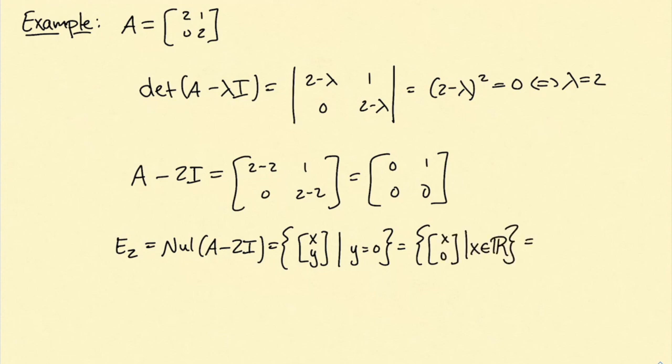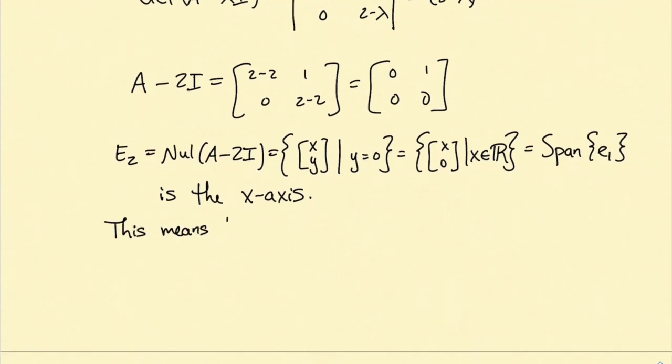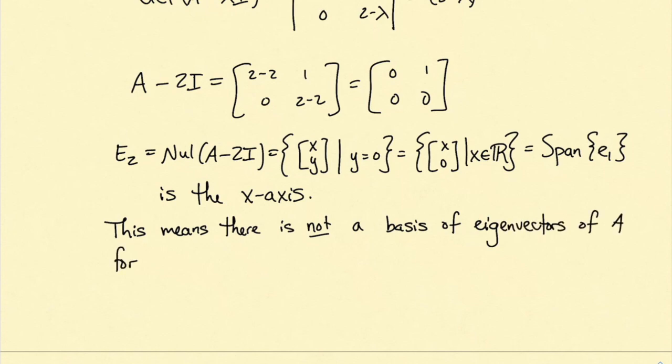We can write this as the span of the vector e1 and simply recognize this as the x-axis. So we do not, in this particular case, get a basis for R2. Next time, we're going to explore the behavior of repeated eigenvalues in more depth.